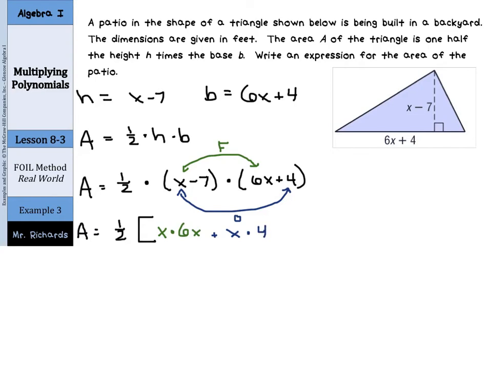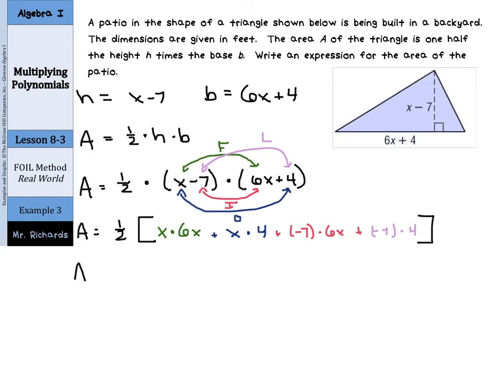And then we have our inner terms, which is going to be plus the negative 7 times 6x, and then plus the last terms, which is going to be negative 7 times 4. And that is that polynomial FOILed out.